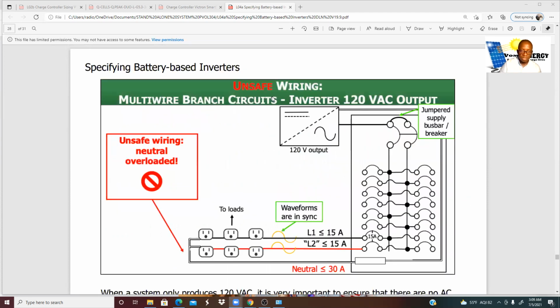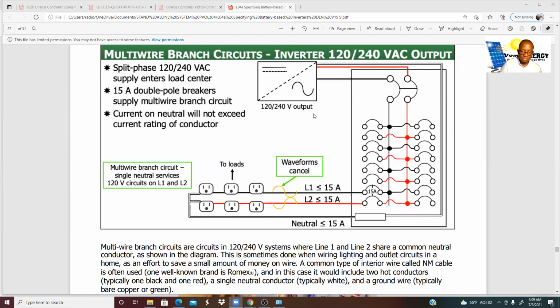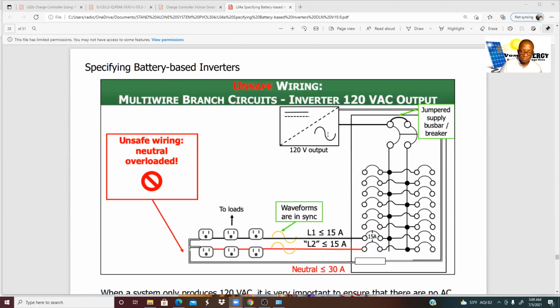Now unsafe wiring. Now look at the difference. This diagram shows a safe way to wire your circuitry. If we look here, this is very unsafe. Very, very unsafe. Unsafe. The waveforms are in sync.